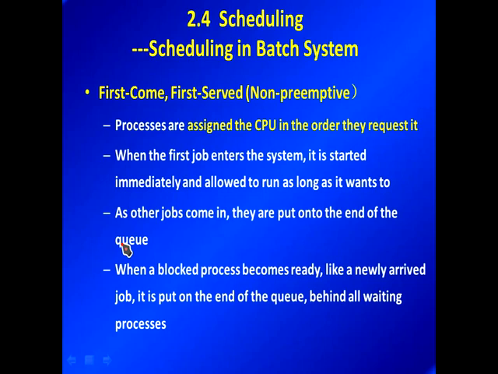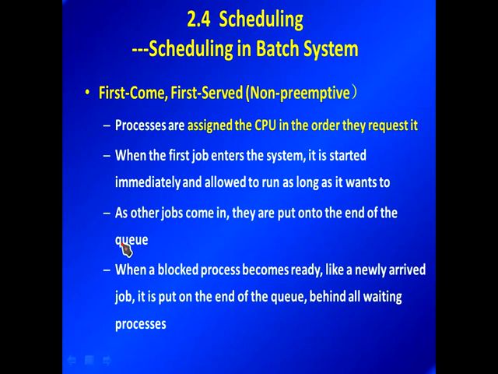You need to understand when to call the scheduler to select a ready process. You need to understand there are two different types of algorithms, non-preemptive and preemptive. You also need to understand that different systems, different environments, have different requirements, different criteria on the algorithms' evaluation.